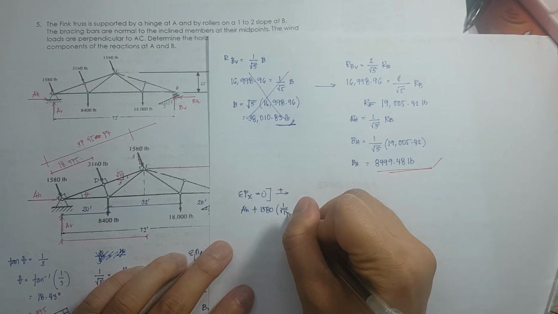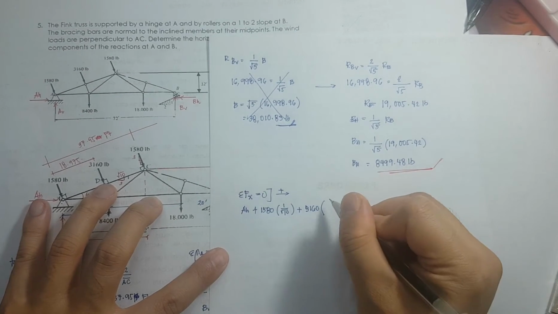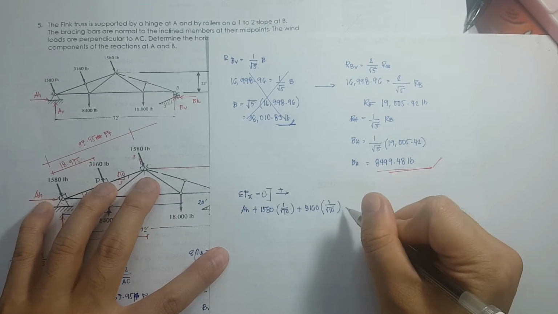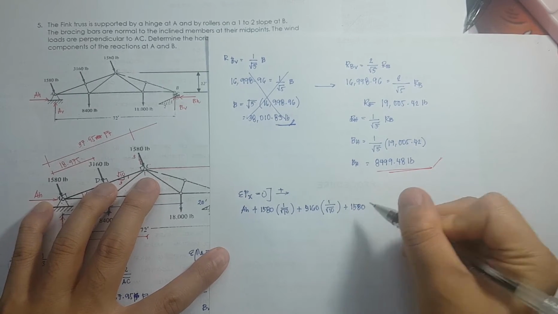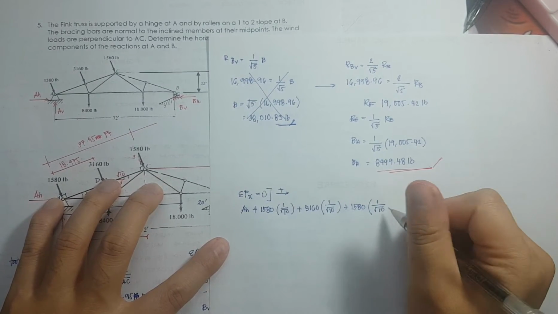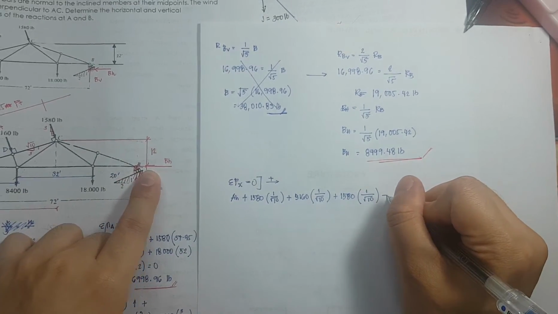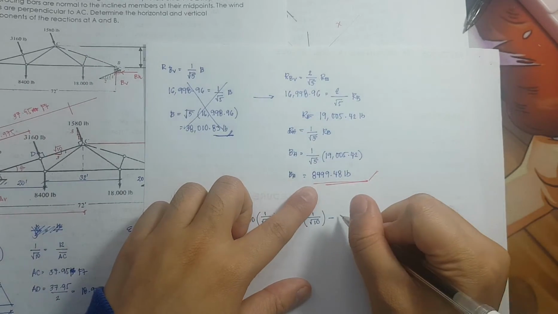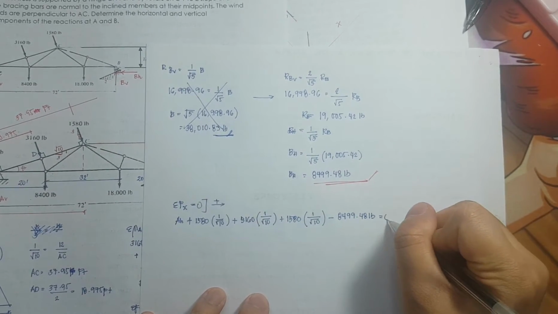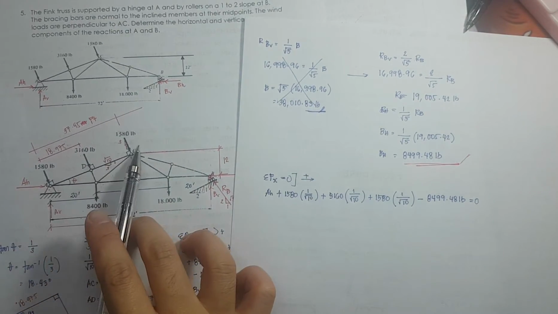The horizontal component is 1, so 1 over the square root of 10 plus 3,160 times the horizontal component of the slope over the hypotenuse, which is the square root of 10, plus 1,580 times the horizontal component of the slope, which is 1, over the hypotenuse, square root of 10. Minus we have here B horizontal, minus 8,499.48 pounds, and that is equivalent to 0.